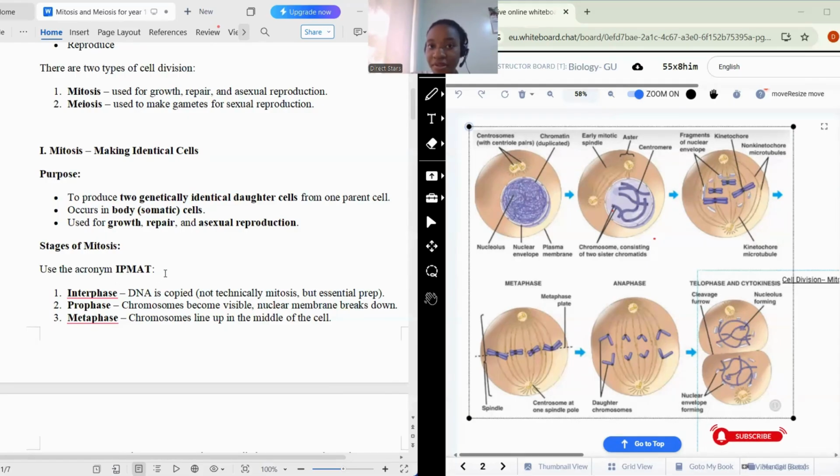So I will be breaking down all the stages and the steps for you. Note, in mitosis, there is only one division involved, unlike meiosis that has two different divisions.